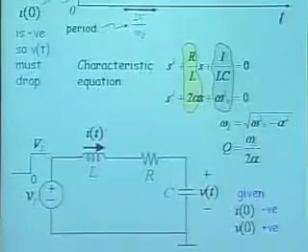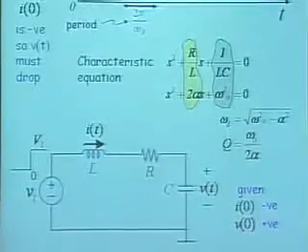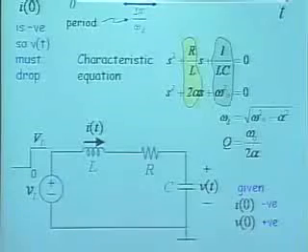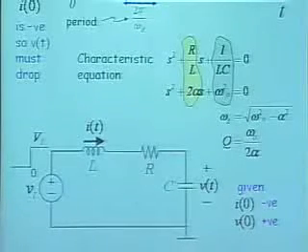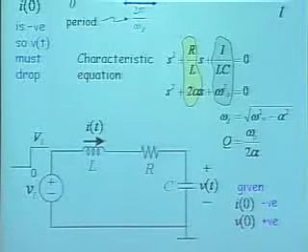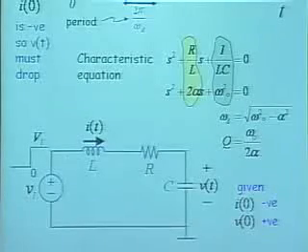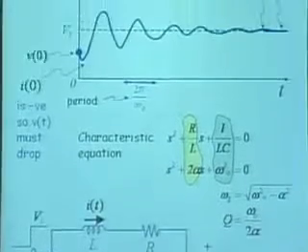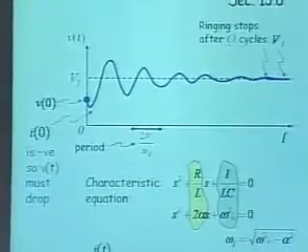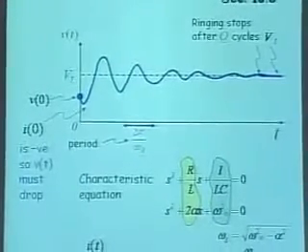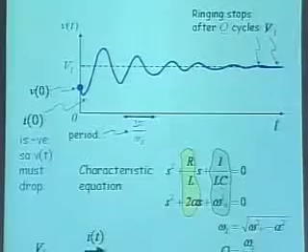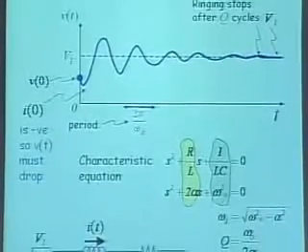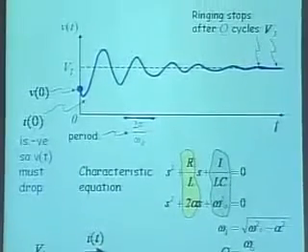So the capacitor voltage must drop to begin life, and therefore the dynamics look somewhat like this. Notice that this is very reminiscent of the ringing that we saw at the input node of the second inverter, at the gate node of the second inverter.